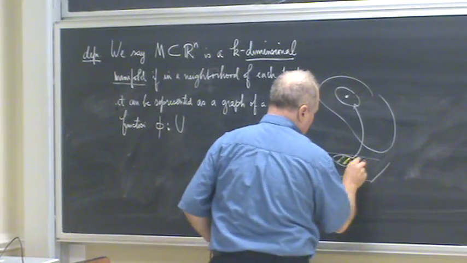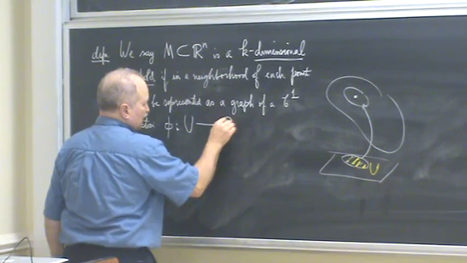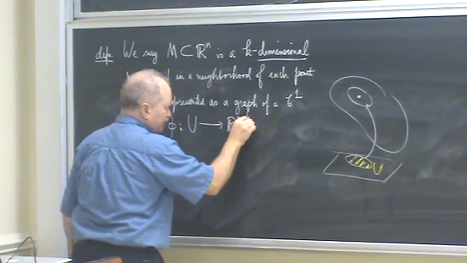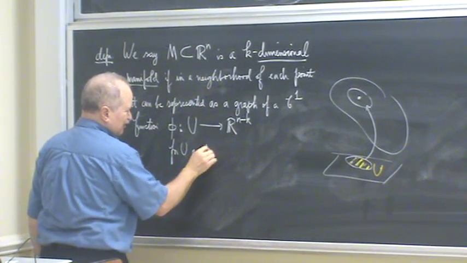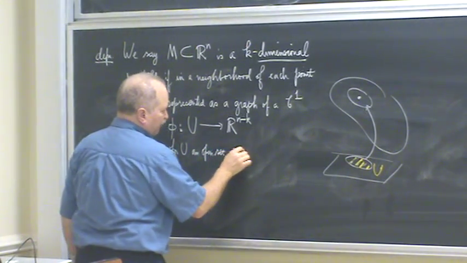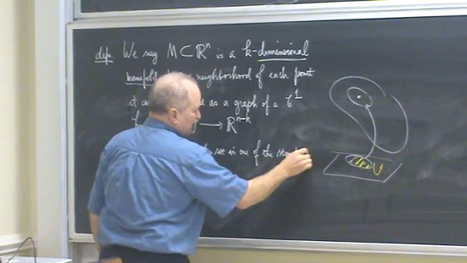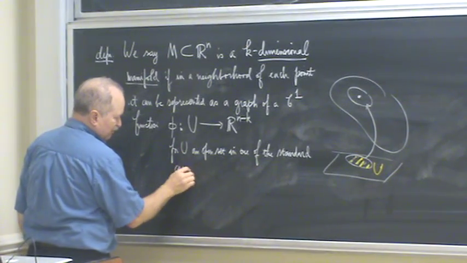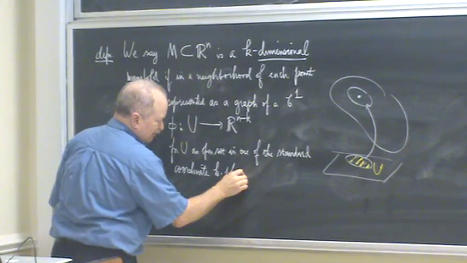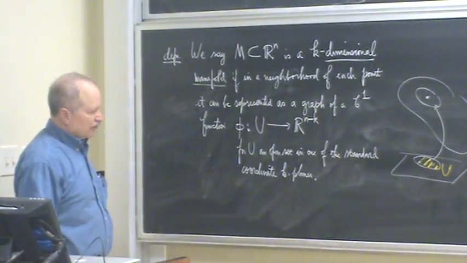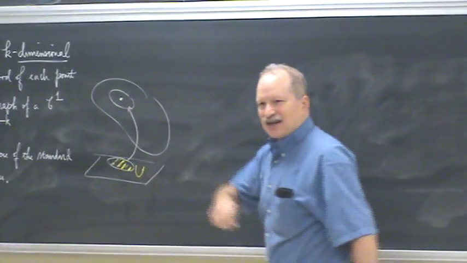So here's my open set U to Rn minus k, for U an open set in one of the standard coordinate k-planes. All right, so what is all this saying?